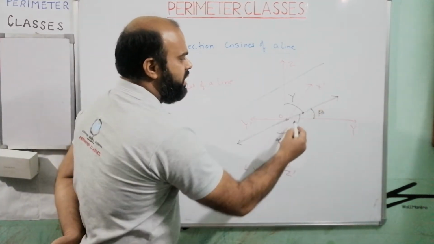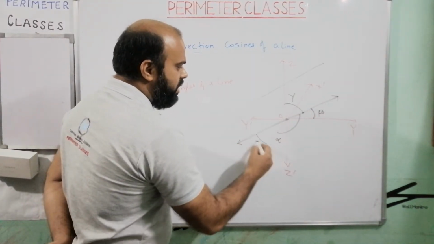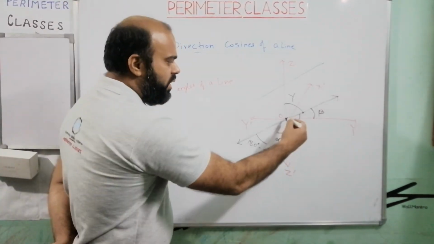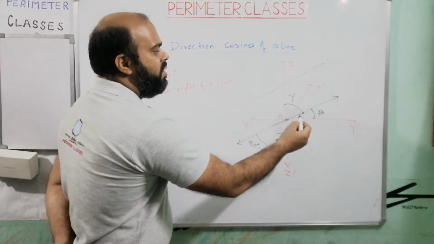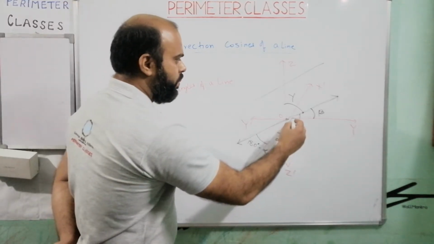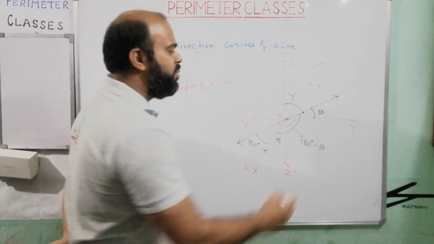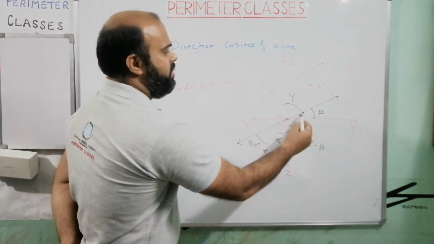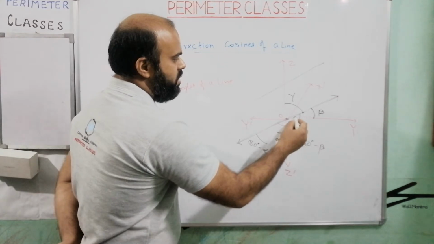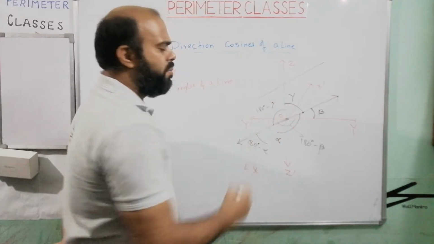So if this line is making an angle alpha with the x-axis, this direction will make an angle 180 degree minus alpha with the positive x-axis. Similarly, this direction will make an angle with y-axis also, which will be actually 180 degree minus beta. Similarly, if this is gamma and we want to take from this direction, then you will see that this is 180 degree minus gamma.